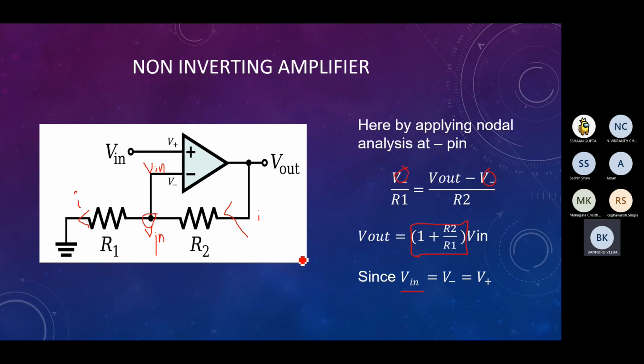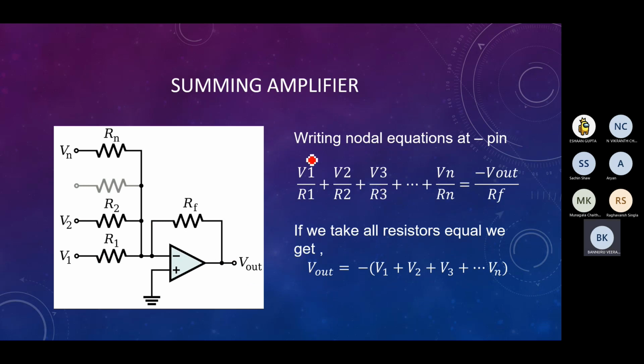Next is the summing amplifier. It takes the sum of all input voltages. Here also we use the same virtual short circuit method, and the voltage here is equal to the voltage here. The current in this resistor is I1, in this one I2, and so on, up to In in this one.